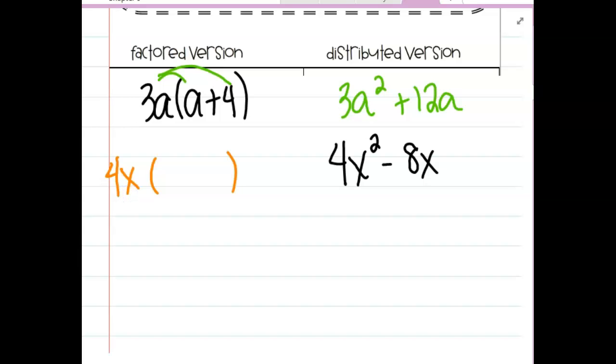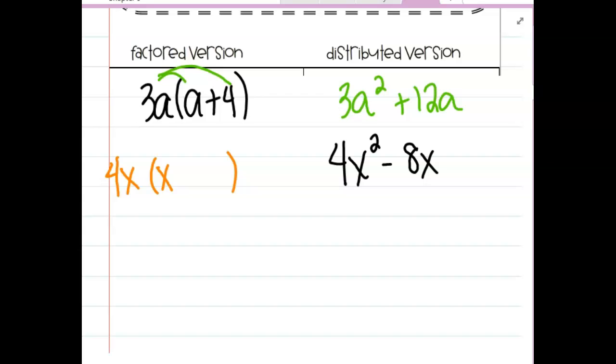Now, remember, your answer is something times something. Your answer is going to be 4x times something. What you need to figure out is what would I distribute this 4x to give me this? So think about the distributive property. 4x times what would give me 4x squared? 1x, right?